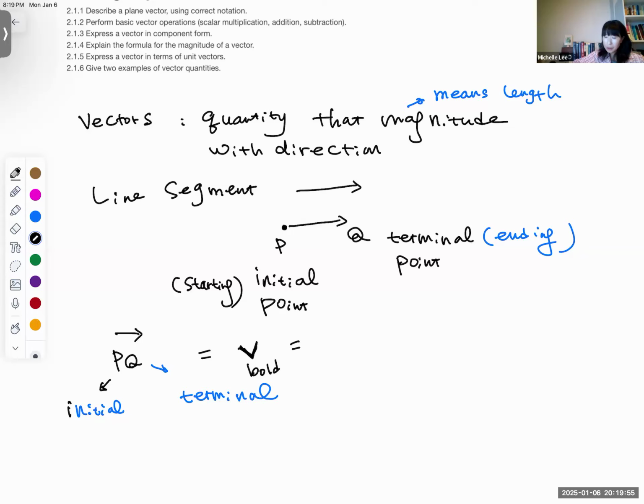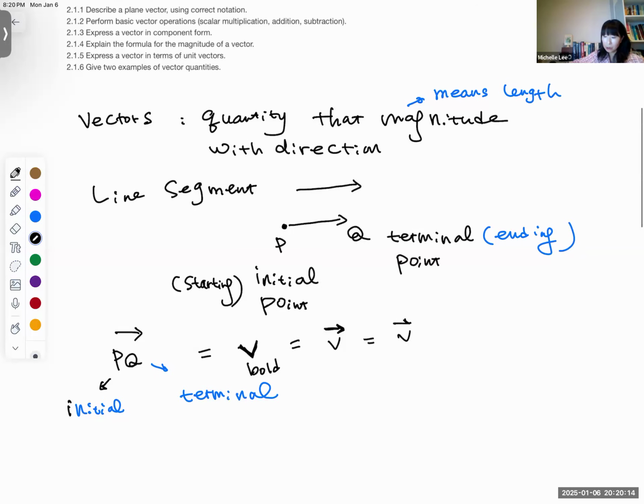Or we can use two letters with one arrow on top, vector PQ. So this is vector notation.